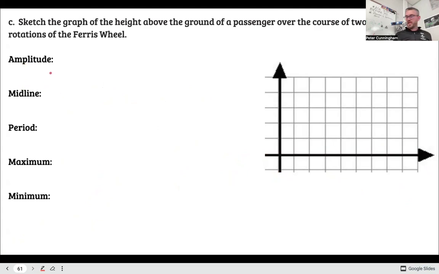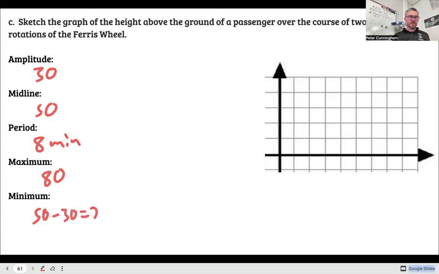We use the amplitude of 30, a midline of 50, and the period of 8 minutes. Got to keep this maximum in mind. Think that it's 80. And if you took that 30 away from 50, you would get a minimum of 20 feet.